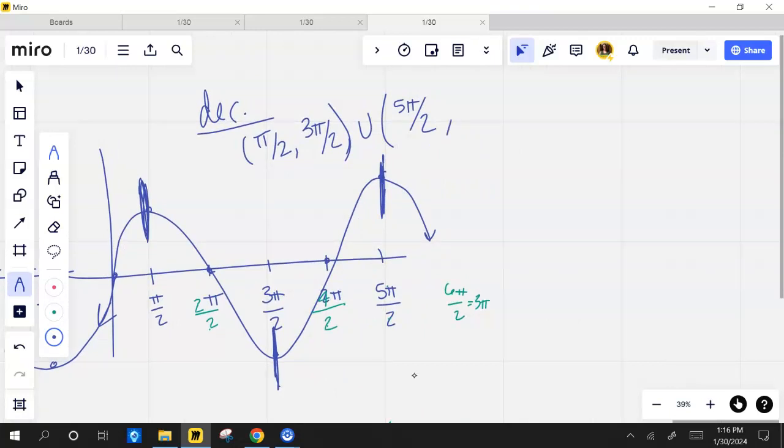What do you think? 7 pi over 2. And I pick up to. This is hard. I know this is hard. We won't be doing this for every single one right now.